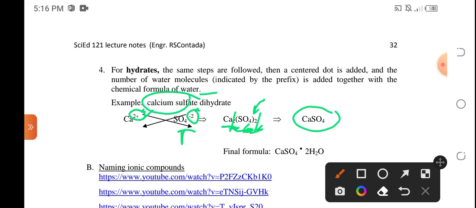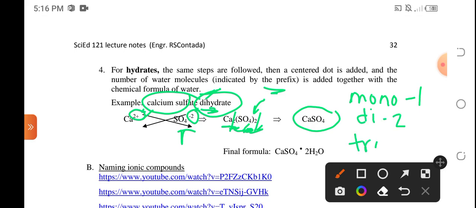Now, for the hydrate part, sabi niya dihydrate. Di means 2. Okay, so we are using prefixes. So we are going to use a prefix mono if there is only one water molecule, di if there are 2, then tri if there are 3.